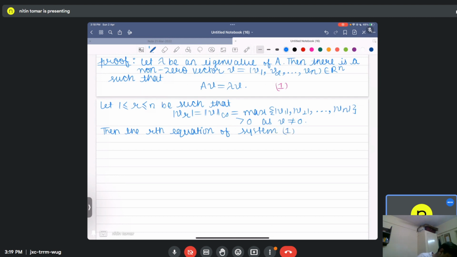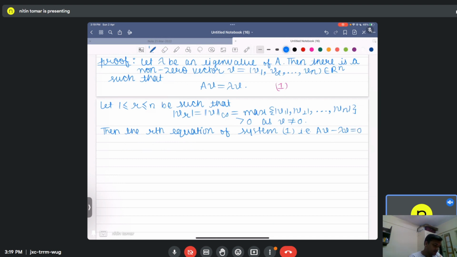It will be AR1 V1 plus, and that is, you consider this system AV minus lambda V is 0.